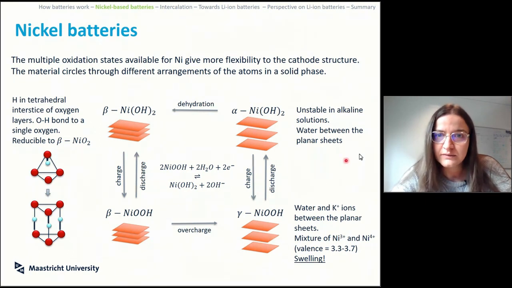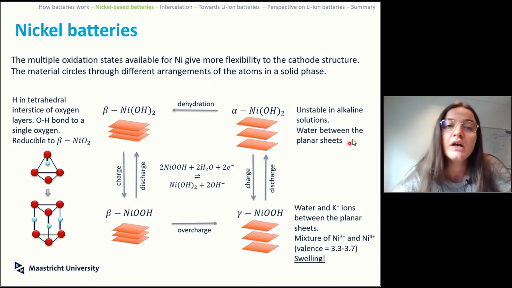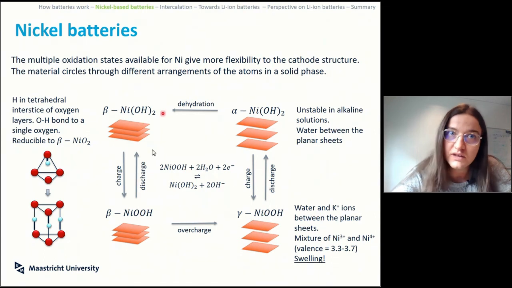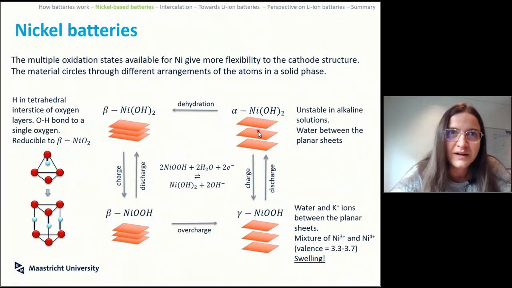This can happen because you're in alkaline solution. So once again, the water is pushed inside. You could go back to this structure if you dehydrate your alpha nickel hydroxide, but when the battery is in operation, you cannot dehydrate the battery as it's working.